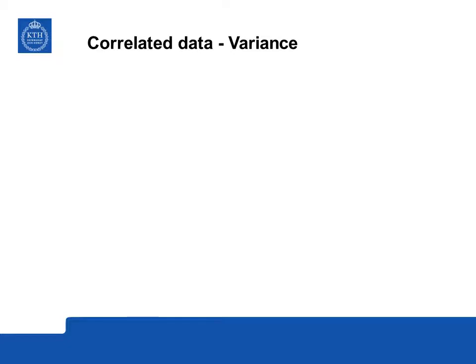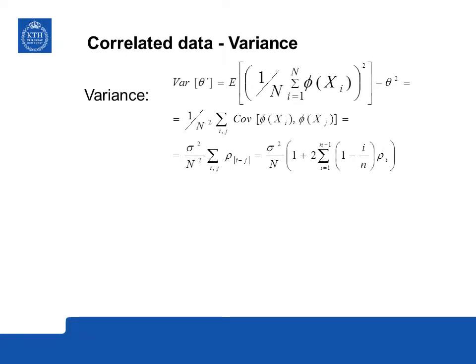So let's look at what the variance of our estimator looks like for the correlated data case. We can compute the variance in the same way as in the uncorrelated case. You can see that the variance will be a sum of covariances, and in the uncorrelated case the covariances will all be 0 if i and j are not equal, and will simply be equal to the variance if they are equal.